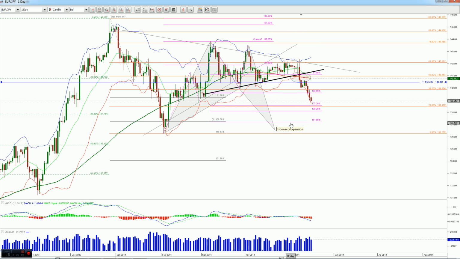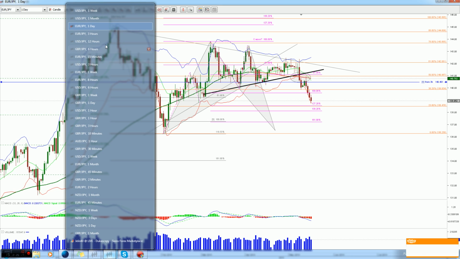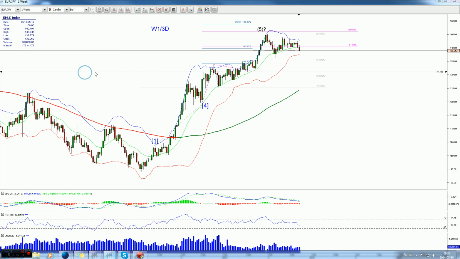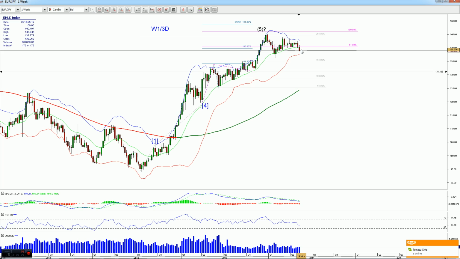But I'm wondering whether this might be a triangle in this area. So this is what I'm also asking myself. We've got a red candle on the weekly, so this should give a short trade setup.